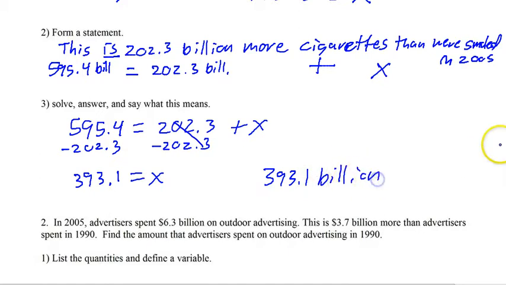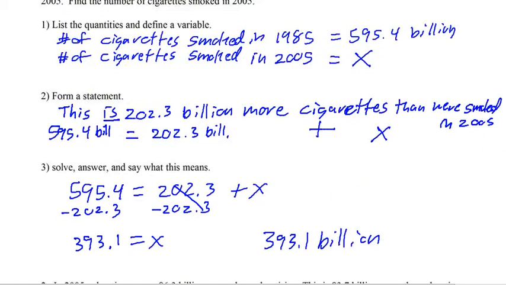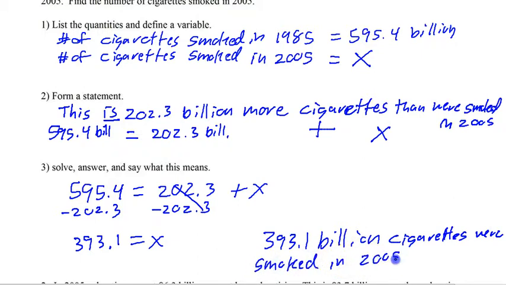And then the other reason we've defined our variable is you can go up and just see what our answer is. Well, the answer is X. So X is the number of cigarettes smoked in 2005. So we can say that 393.1 billion cigarettes were smoked in 2005. And there's your answer.